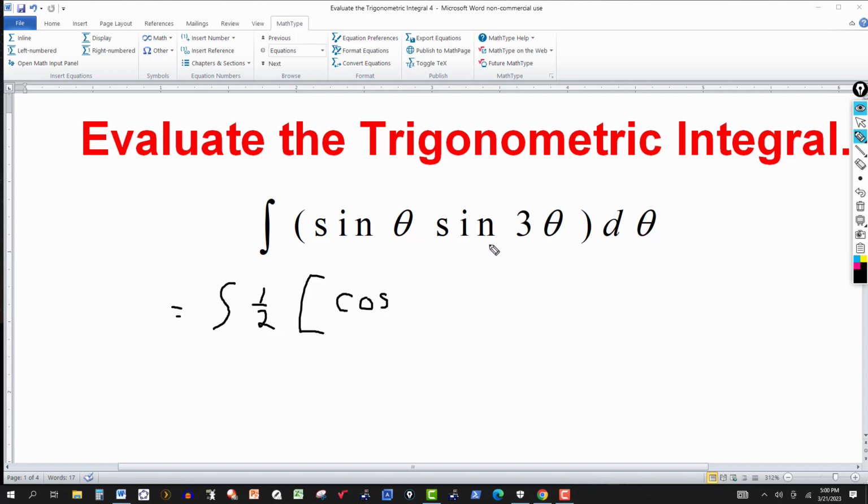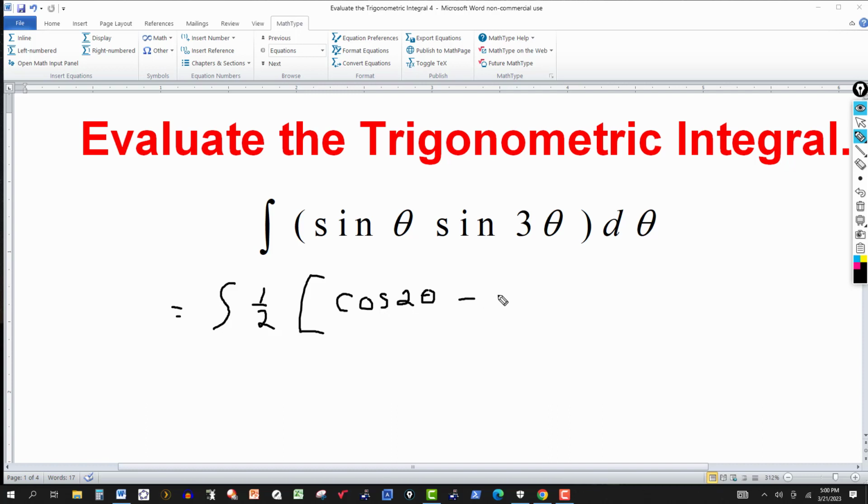Theta minus 3 theta will be a negative 2 theta. But because the cosine function is even, I can drop the negative and leave it that way.